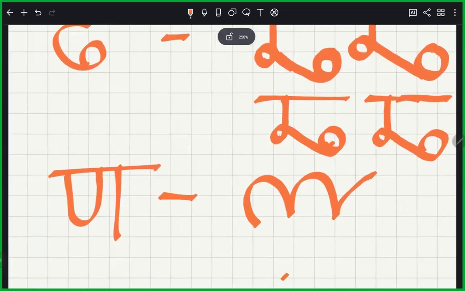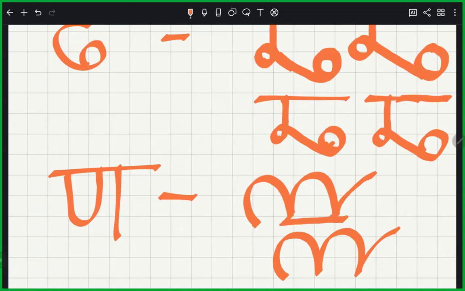So one more time I'm drawing it. One, two, and this you keep like that. This is Na. Okay, make sure that this, and this, they are all in the same line. This in the same line.